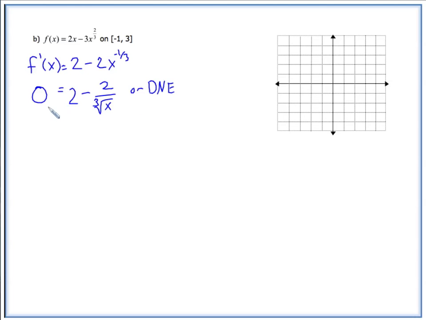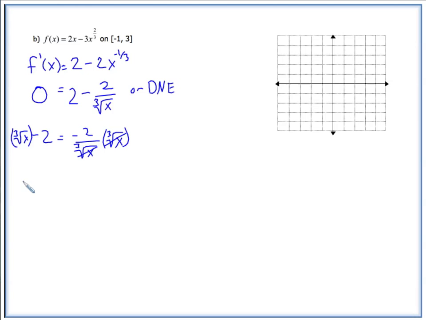Okay, so let's go ahead and solve for this to see where it equals 0. So I'm going to subtract 2 to the other side. So -2 equals -2 over the cube root of x. And now I'm going to actually multiply by the cube root of x on both sides. Okay, so that's going to cancel there.